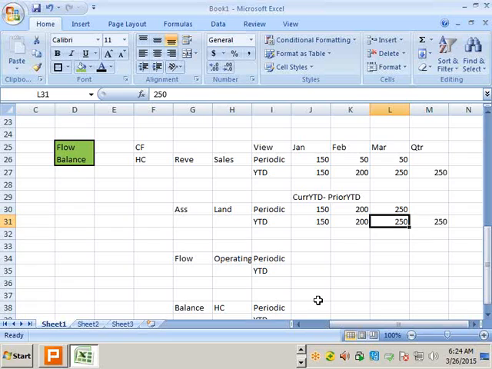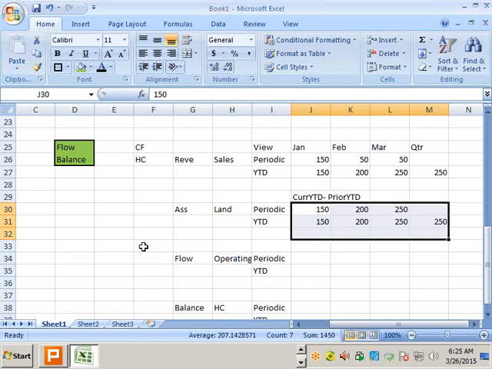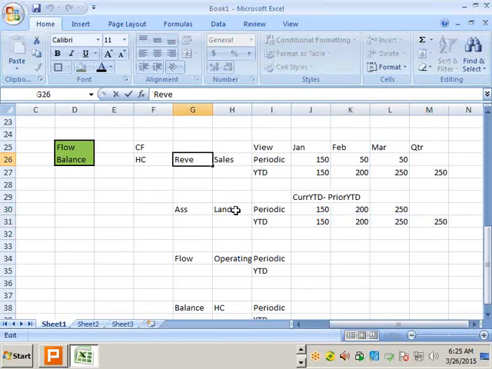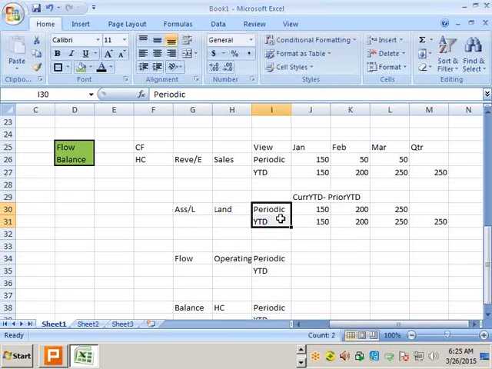Okay, so we need to keep these things in mind according to calendar intelligence. This is revenue and expense type accounts: you can see the data periodically, and asset and liability values will always be the same for periodic or year to date values.